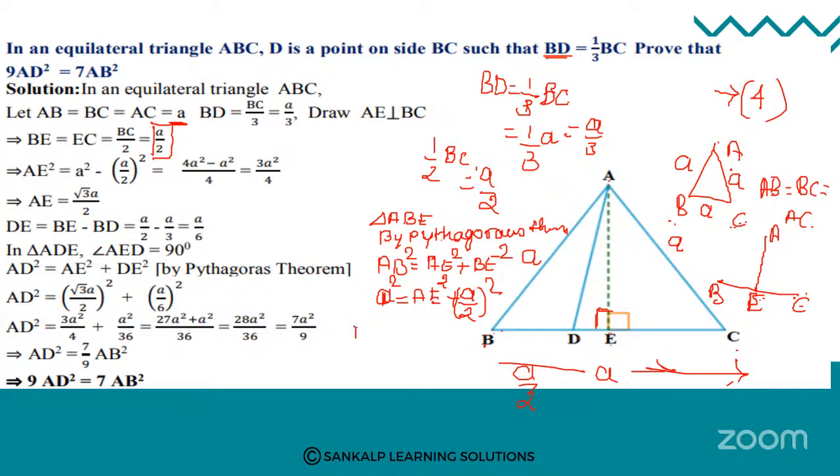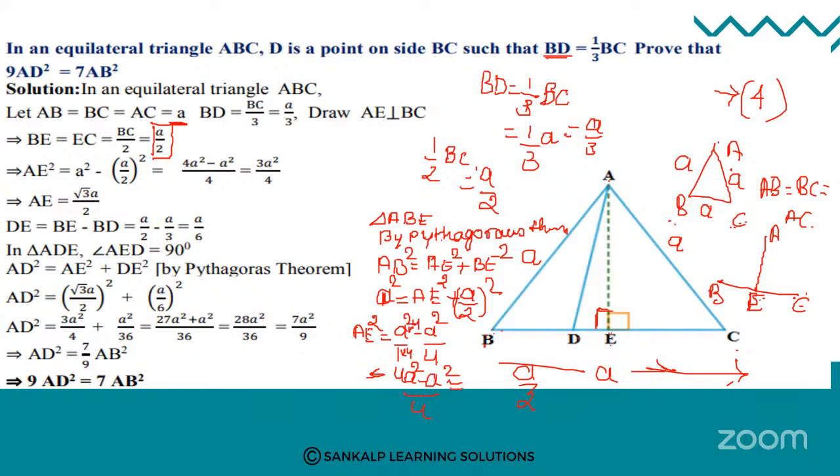Now, AE square is equal to, transfer this A by 2 whole square to this side, A square minus A square divided by 4. 2 square means it is 4. A square means it is A square. So take LCM. 4 is the LCM. That is 4A square minus A square divided by 4.